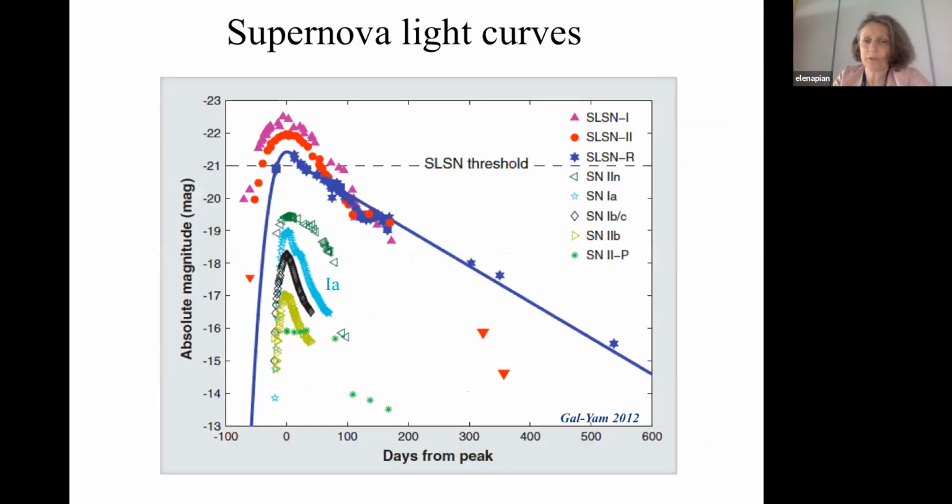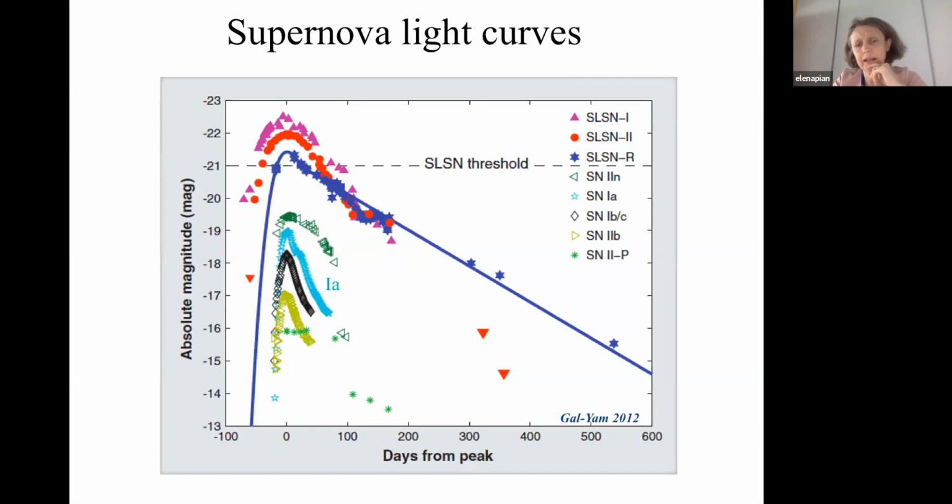It's a synoptic view of superluminous supernovae, just to put in context what we are talking about. Superluminous supernovae on the top of this view graph are compared with any type of previously known supernova: type Ia in green, in turquoise, in light blue, and then black and light green are core collapse supernovae.